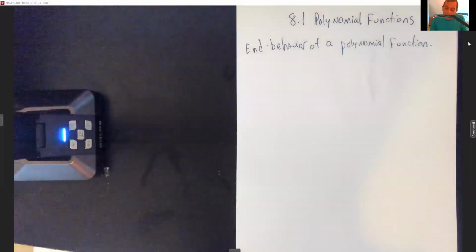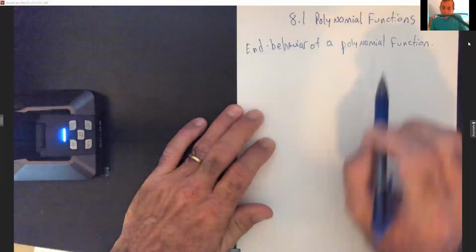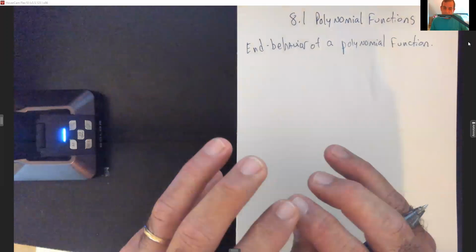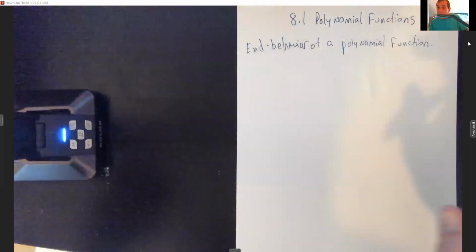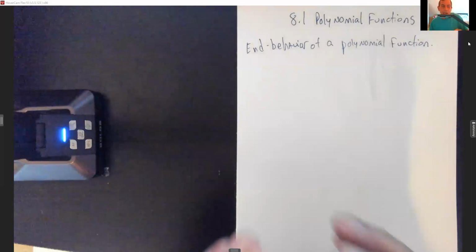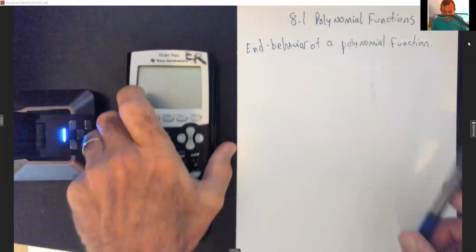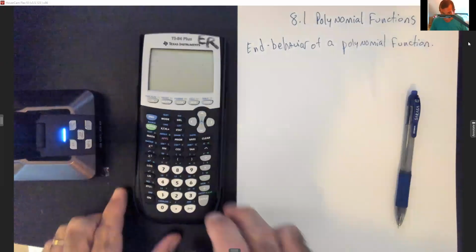And what we mean by end behavior is as our graphs go out towards negative infinity and positive infinity in the x directions, graphs have a similar tendency on what they look like as the graphs get bigger and bigger. So I'm going to show you what I'm talking about on that.